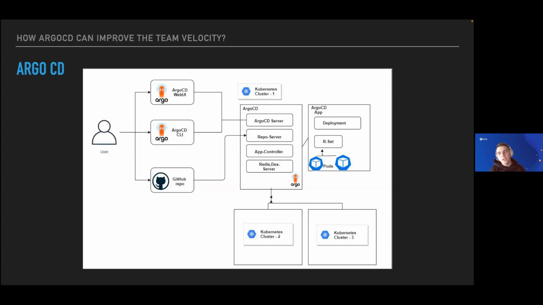So if some changes appear, depending on the configuration you did for your specific Argo CD application, Argo CD server will send appropriate commands to the application controller to do some changes, or it will indicate that you have an out of sync event, when the desired configuration you have in the Git repository doesn't match the real situation inside your cluster.